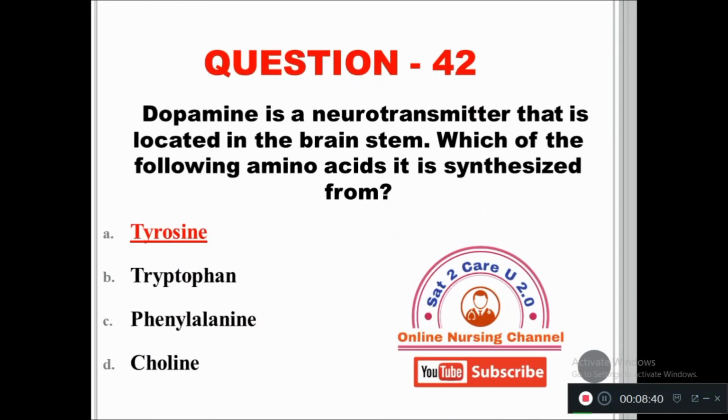Dopamine is synthesized from tyrosine. Tryptophan is wrong because tryptophan produces niacin and serotonin. Phenylalanine is also wrong because it is converted into tyrosine by the body. Choline is too wrong because it is the precursor for acetylcholine.